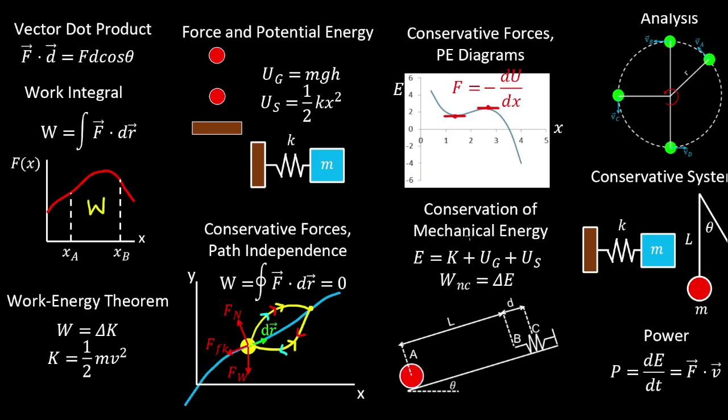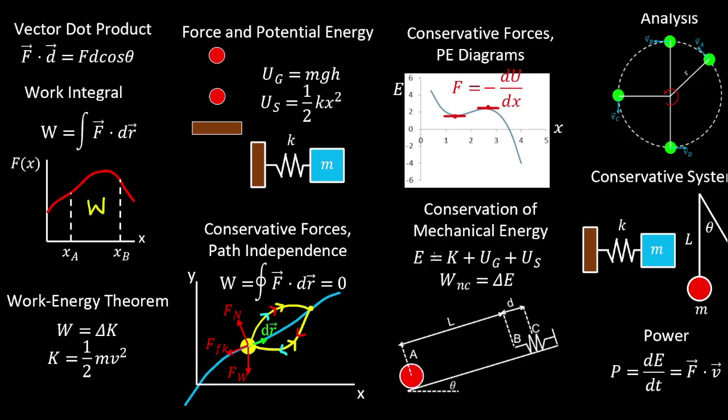And for conservative systems, the conservation of mechanical energy states that the total energy of the system is always constant. So here we consider three types of mechanical energy, being the kinetic energy, and the gravitational and elastic potential energy.